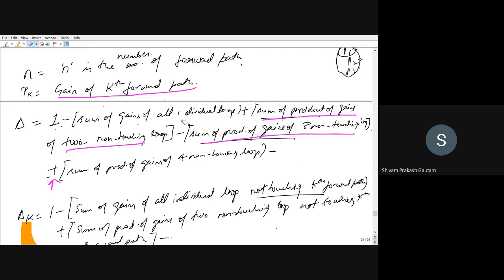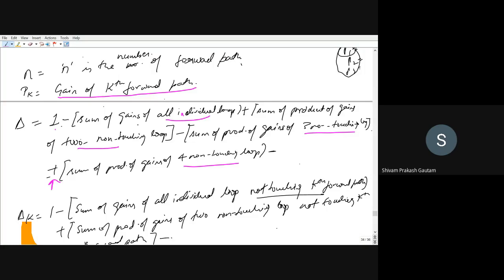First you have to consider the individual loops, then 2 non-touching loops, then 3 non-touching loops, then 4 non-touching loops, if they are present in our network, and so on and so forth.